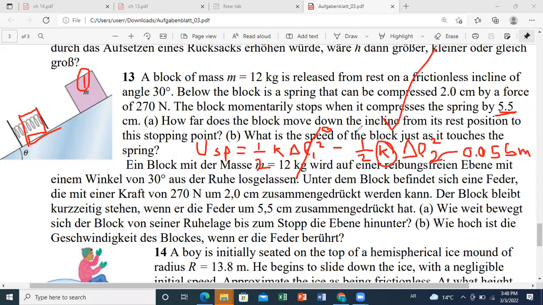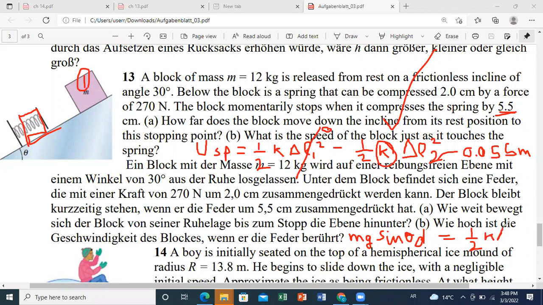Now, once you calculate this work, you say that the sum of work is 0. So if we replace it in the work and energy equation, what do we get? We get m times g times sine theta times the distance d is equal to, if we take minus half k delta L squared to the other side, half k delta L2 squared.